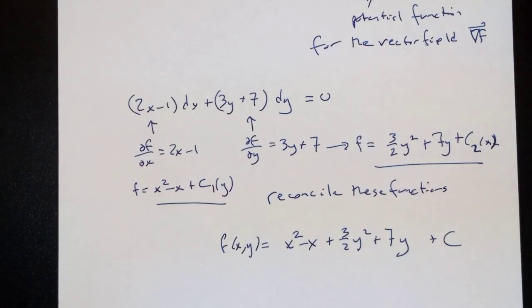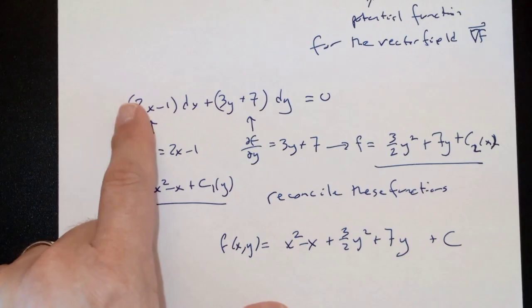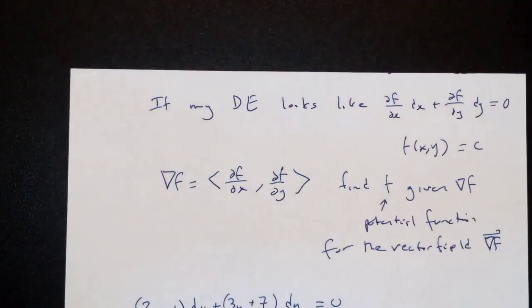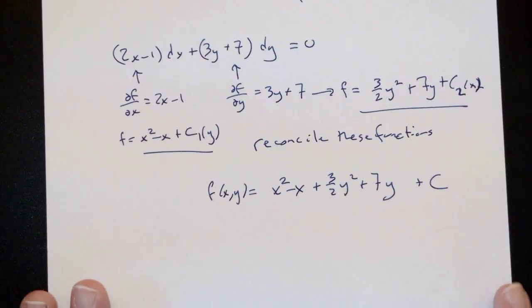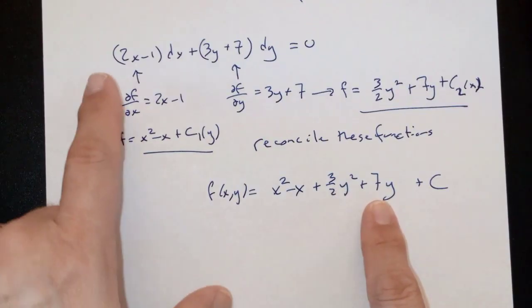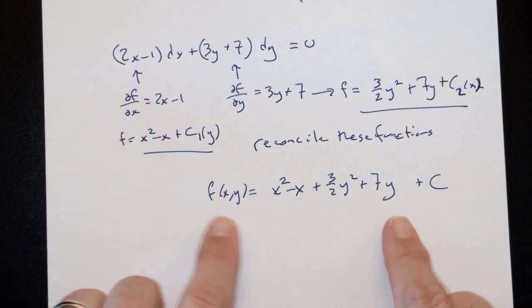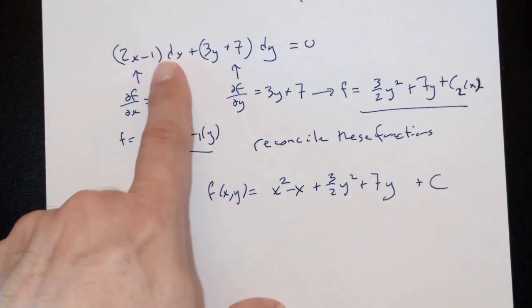And the answer is, so what? This function is the antiderivative of this. Our differential equation is now solved. This is the function that satisfies this, because if you take the differential of this, that's what you get.